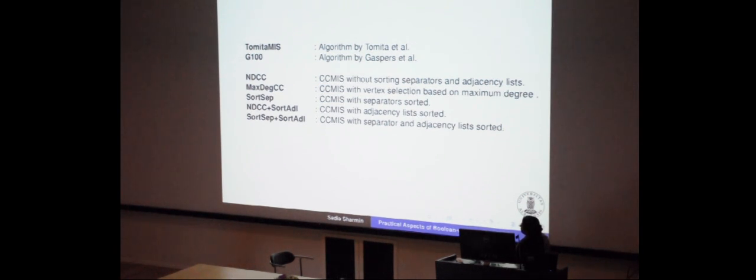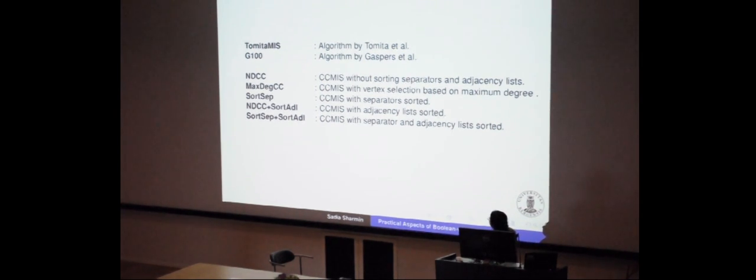And this nested dissection plus sort adjacency list follows the nested dissection ordering and sorts the adjacency list of each vertex, and selects the maximum degree vertex among the vertices that it has in each separator. And one is a combination of sorting the separator and also sorting the adjacency list.